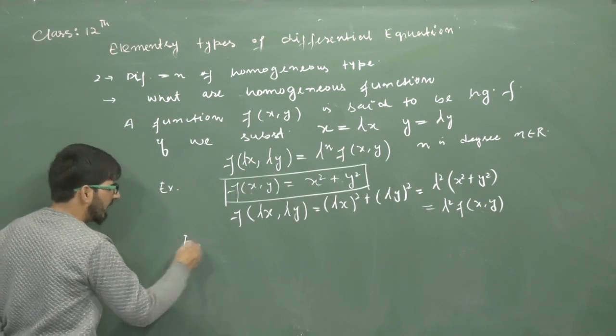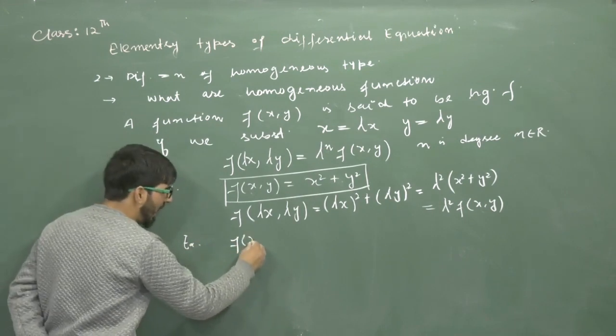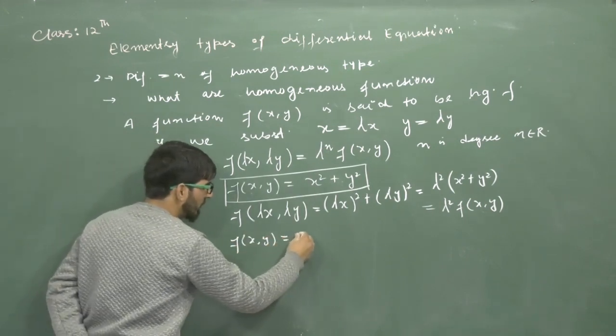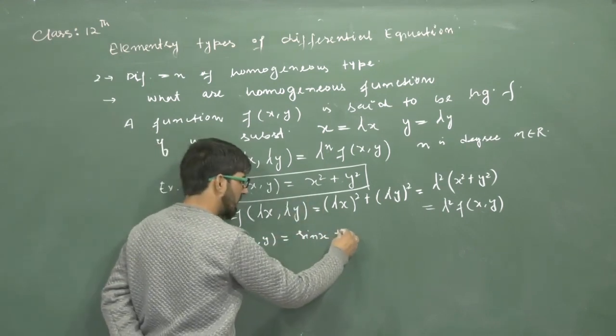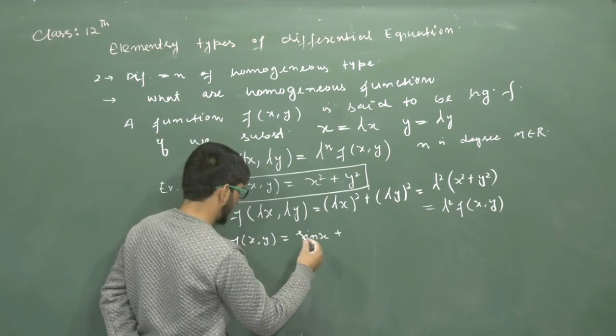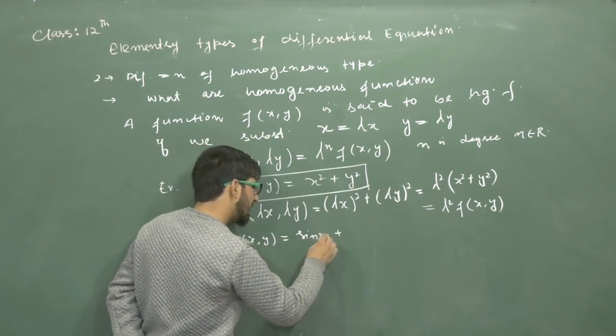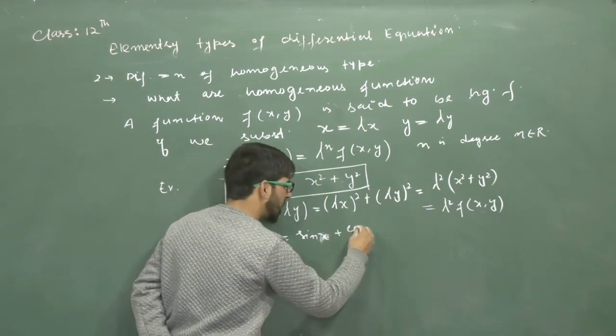Now let's take another example. Say f of x comma y is equal to sin x plus cos y.